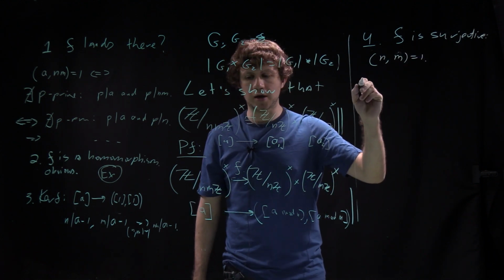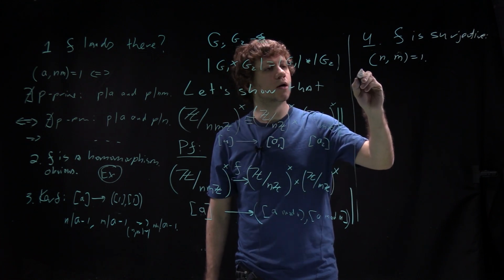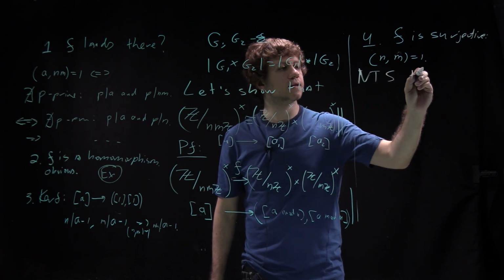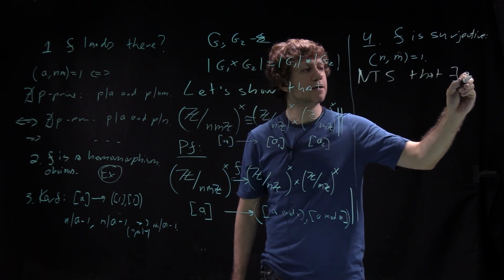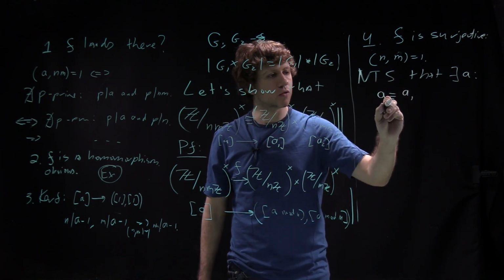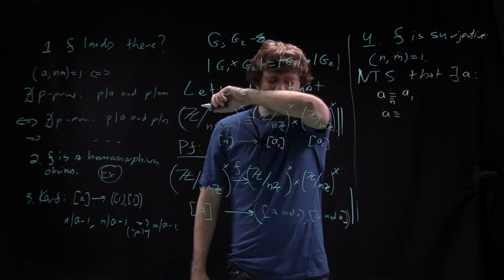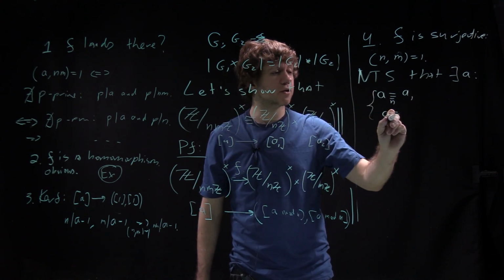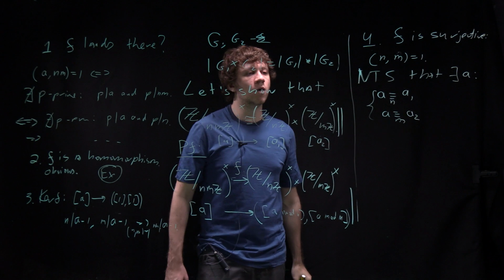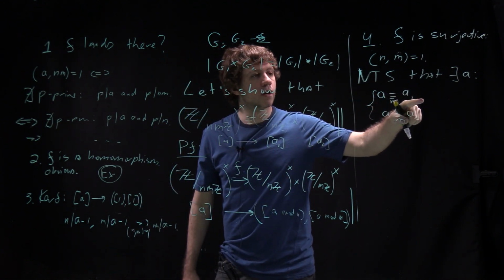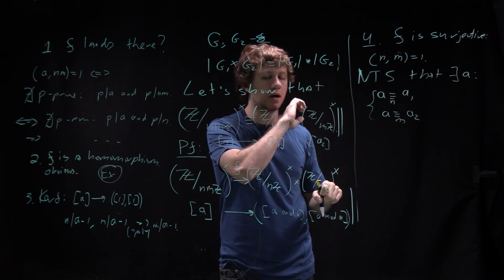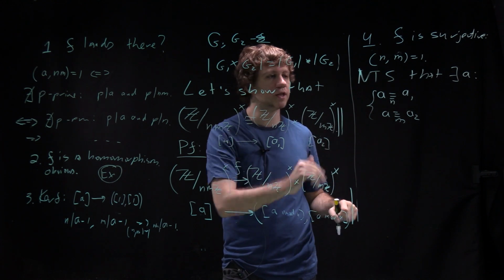And then we are trying to find A. So we need to show that there exists A such that A is congruent to A1 modulo n, and A is congruent to A2 modulo m. And then of course we will take this modulo nm and it will work.